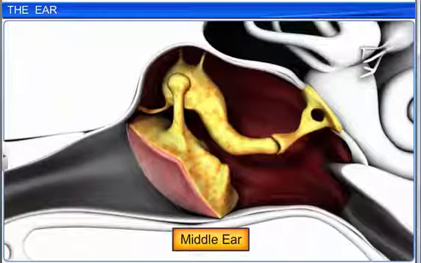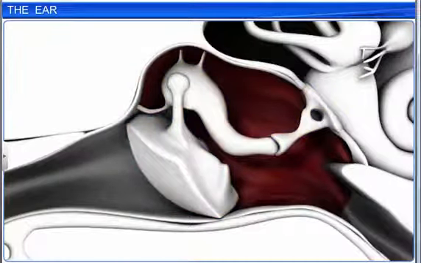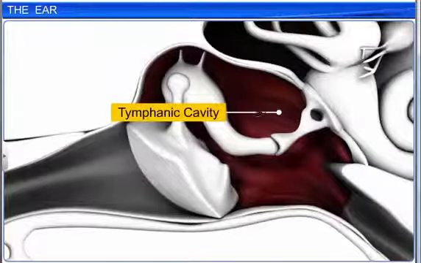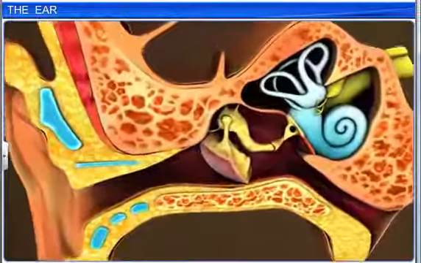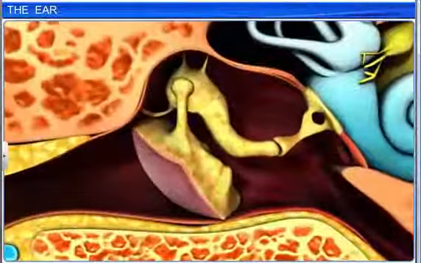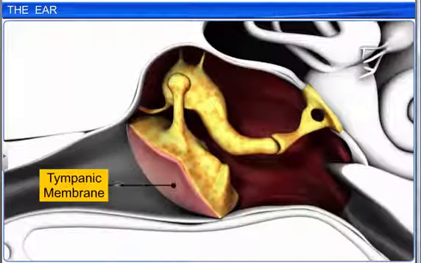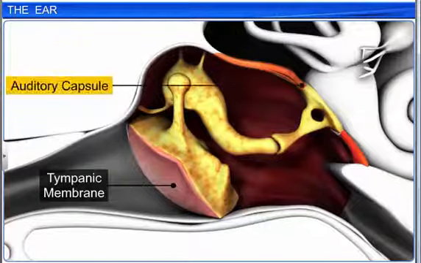The middle ear consists of an air-filled space called the tympanic cavity that separates the outer and inner ears. The tympanic cavity is bound externally by the tympanic membrane, also known as the eardrum, and internally by an auditory capsule.